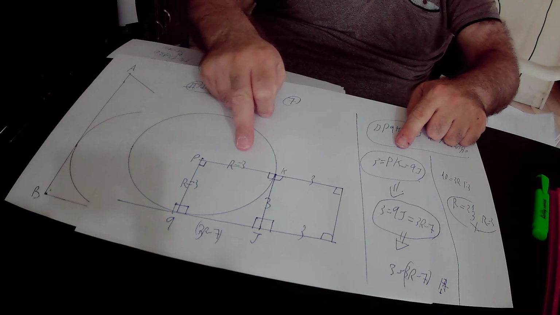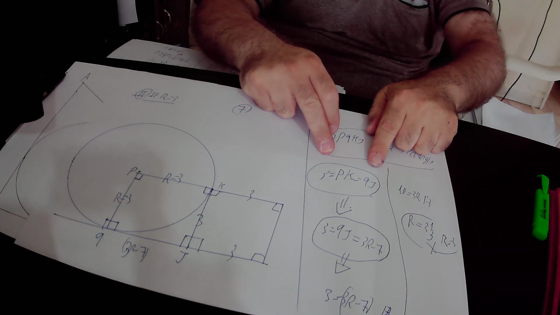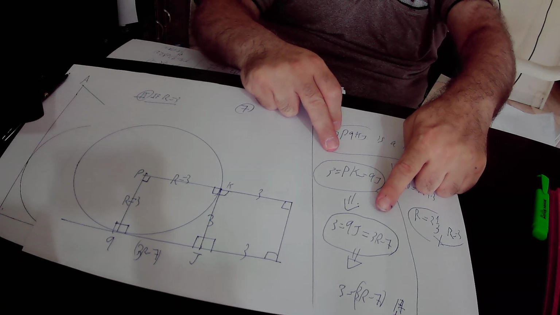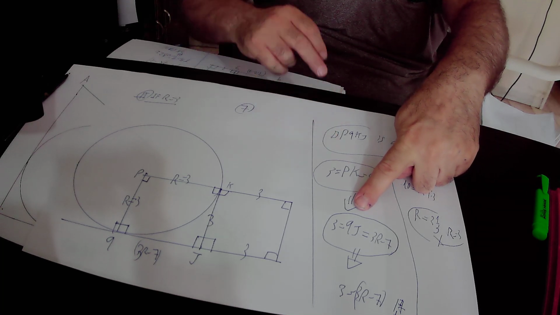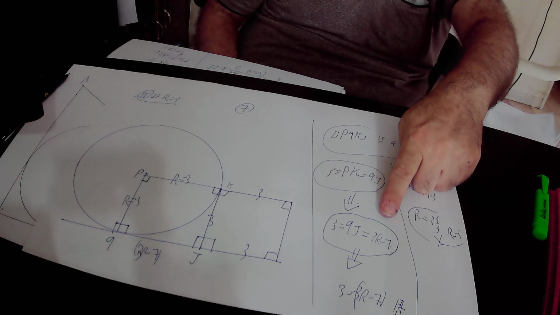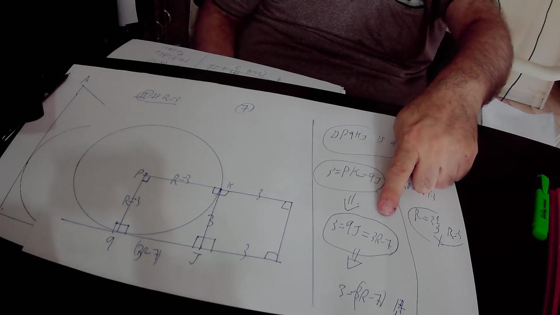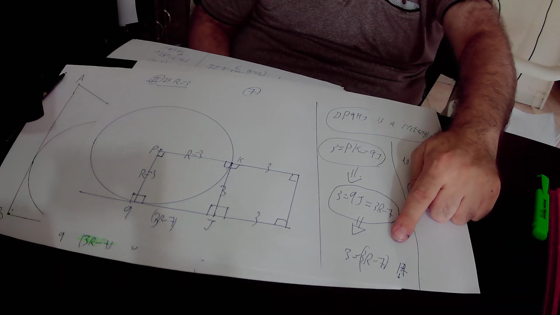But here PK equals 3, so we can write that PK equals 3, and from this equation, 3 equals PK equals QJ, we derive that QJ is equal to 3. So from one side QJ equals 3, from the other side QJ equals 3R minus 7, so from this equation, 3 equals QJ equals 3R minus 7, we derive that 3 equals 3R minus 7.